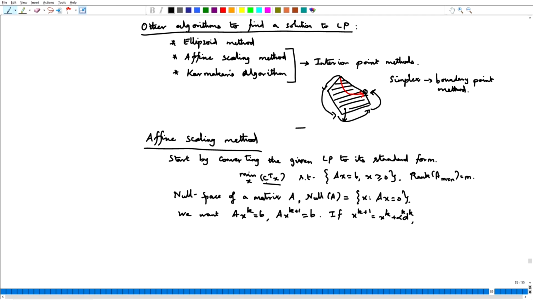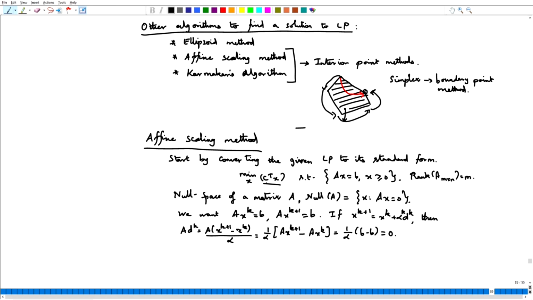Now A into dk is A into (xk plus 1 minus xk) by alpha, so this is 1 by alpha into (A xk plus 1 minus A xk). I just multiplied this. But both of them are b, so that is 0.